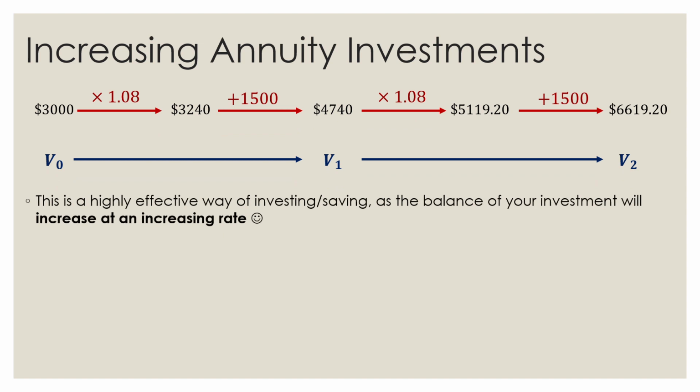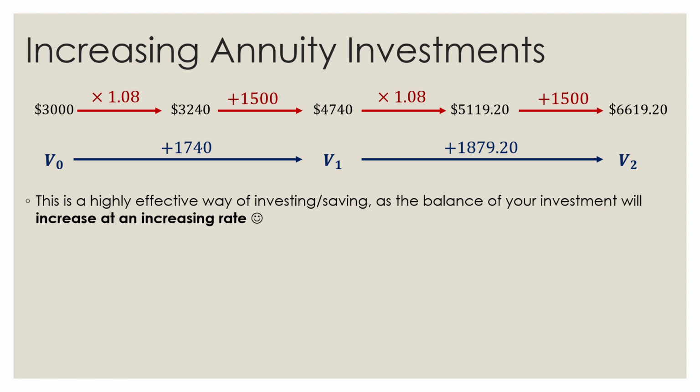This is a highly effective way of investing or saving, as the balance of the investment will increase at an increasing rate. In the first year, it has increased by $1,740, which is the $1,500 plus the interest. But when we compare this to the second year, it is increasing by a larger amount. The $1,500 remains the same because that is your deposit each year.